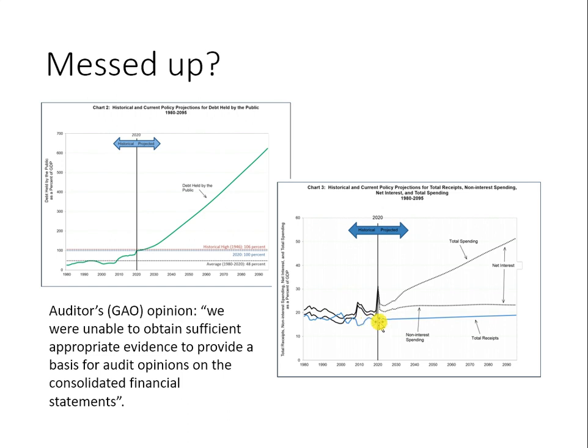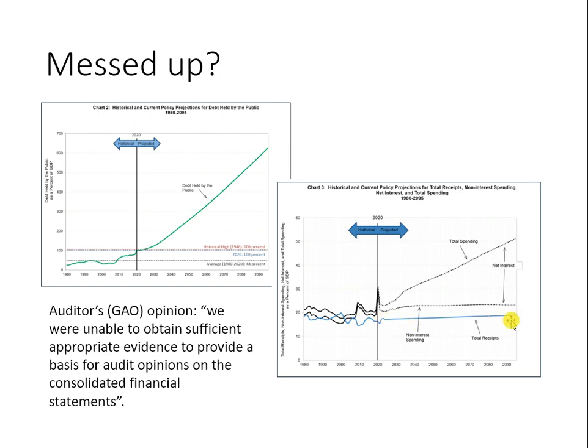But even worse, for the next 75 years, if we look at the forecasted data, the total receipt will be very stable unless there's a hike in tax.